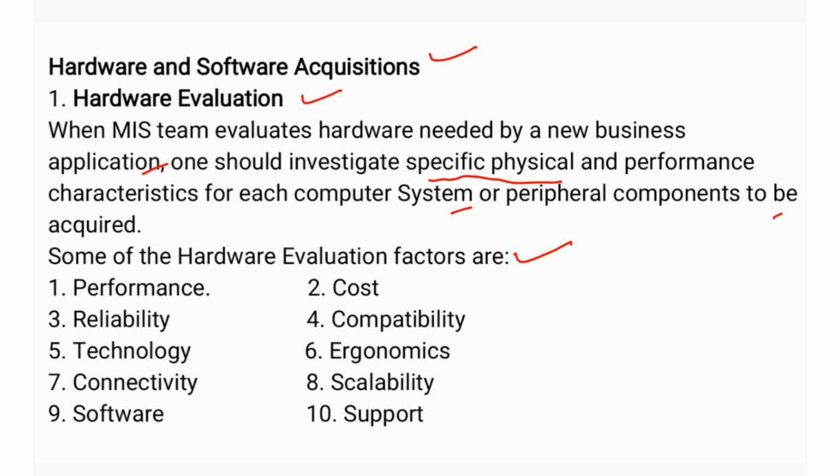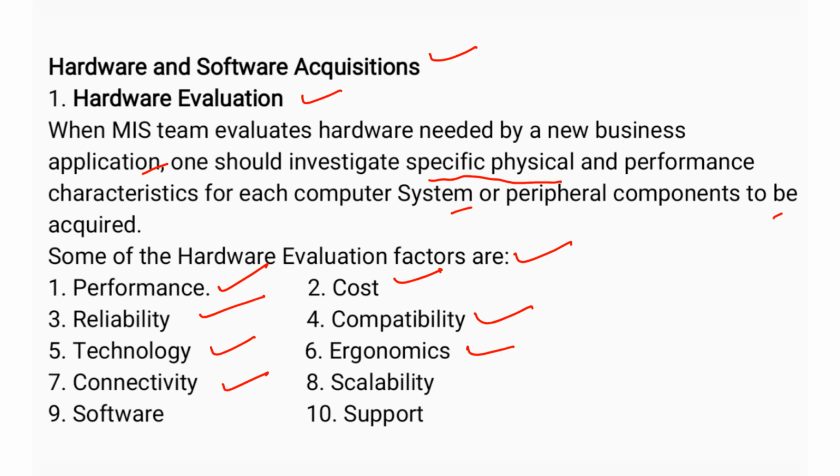What are the factors they have to check? They have to check the performance, the speed, the cost, how much they can invest, purchase cost, reliability, how much they can rely on it, compatibility, nature of technology, and ergonomics. Ergonomics is a concept which deals with the human factor, how effectively humans can use the system.